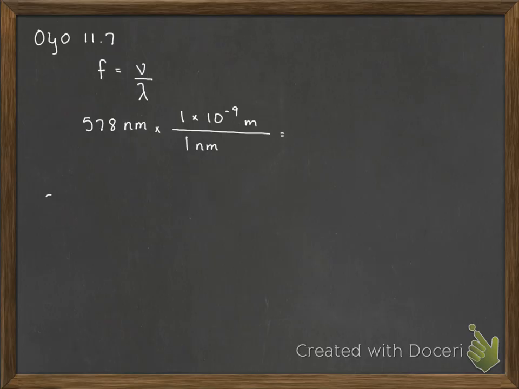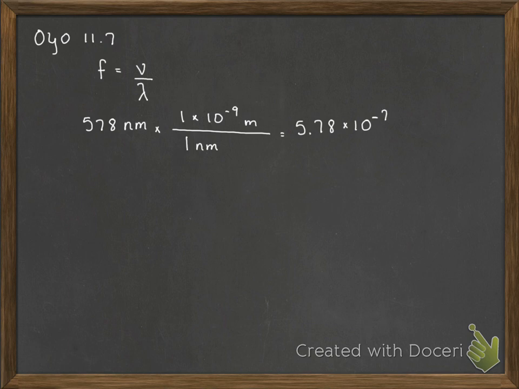Okay, so when we do that on our calculators, and this will become very easy to catch on to the rules, so we won't need to do this conversion every time. So 578 times 1 times 10 to the negative 9th gives us 5.78 times 10 to the negative 7th.